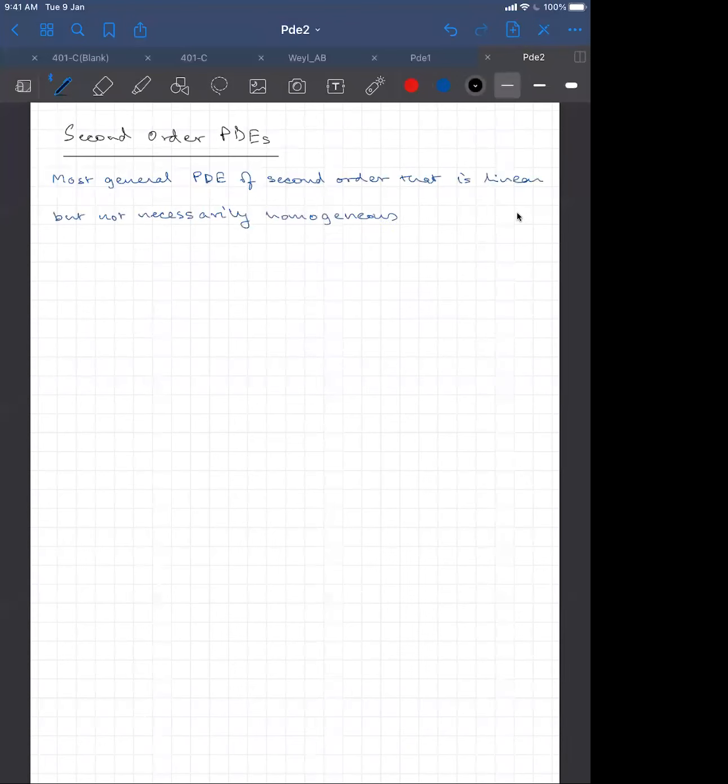So this is going to be some Aij of the variables u, del 2 u over del xi del xj, plus some function of u, xi, and del u over del xi, is equal to 0.